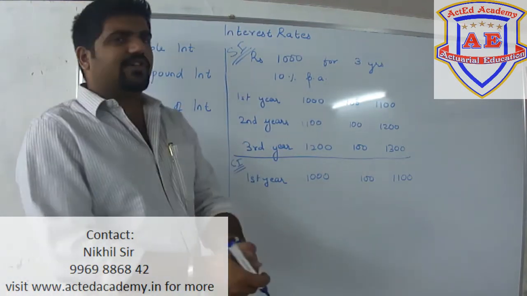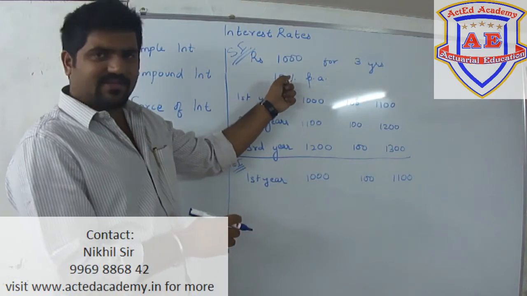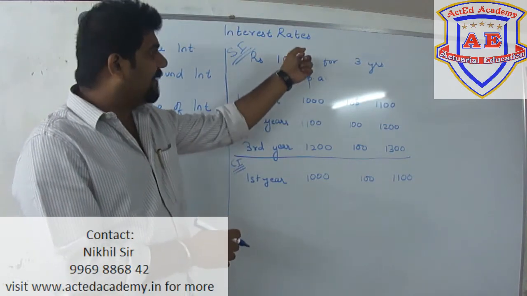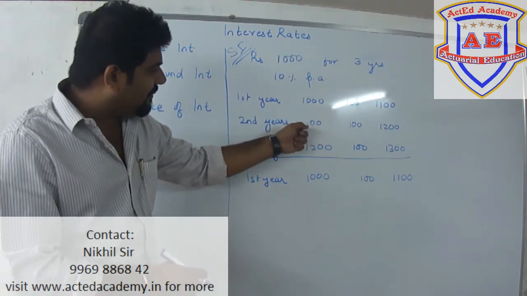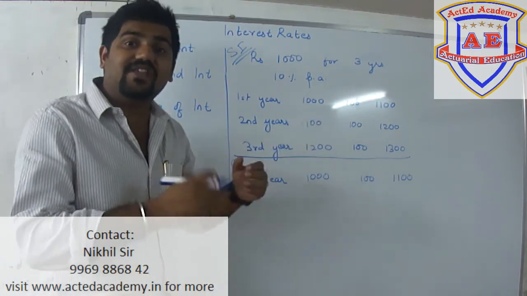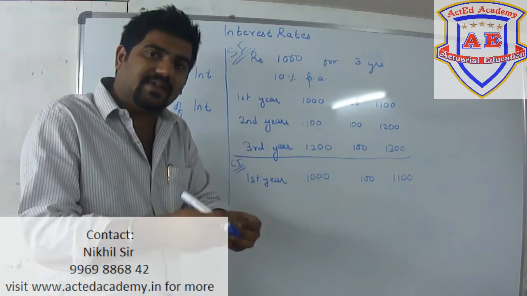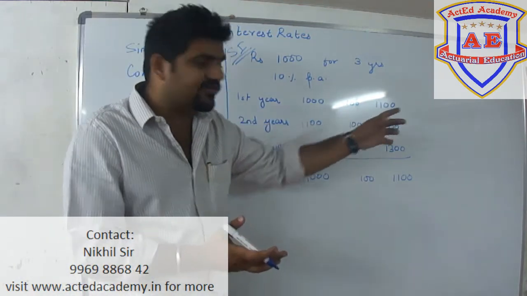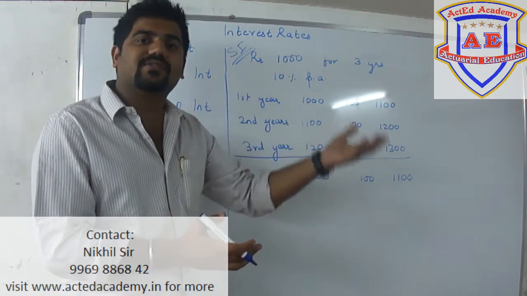Because what does compound interest say? Compound interest says the rate of interest will be chargeable not on the capital invested but on the beginning amount, the initial amount every year. The amount that you have at the start of every period, that means the accumulated amount of the previous period, on that amount your interest will be chargeable.